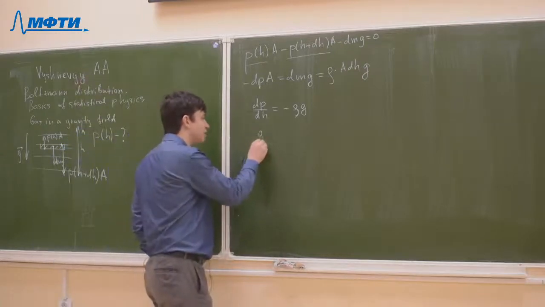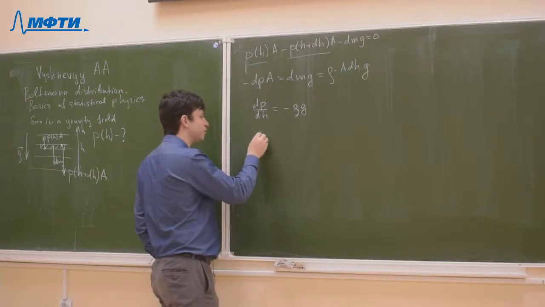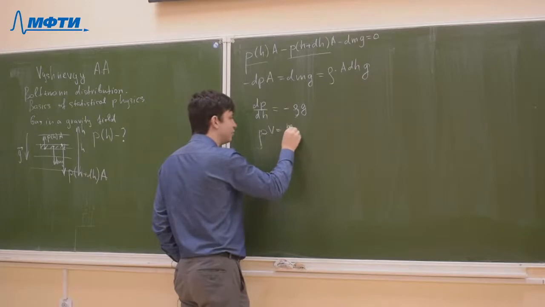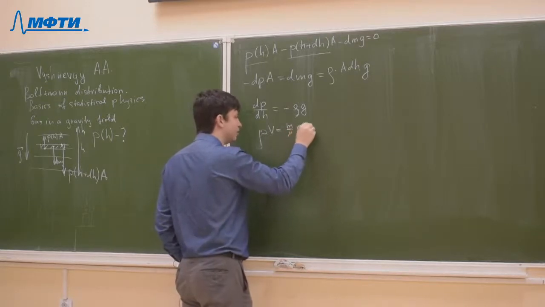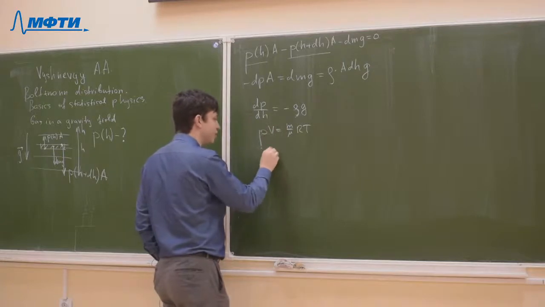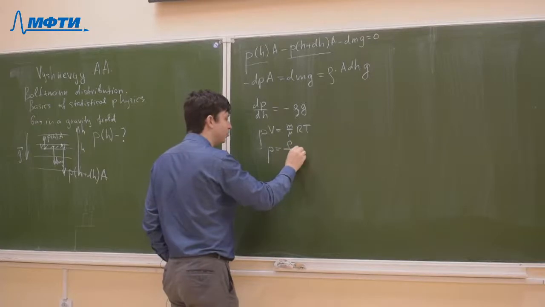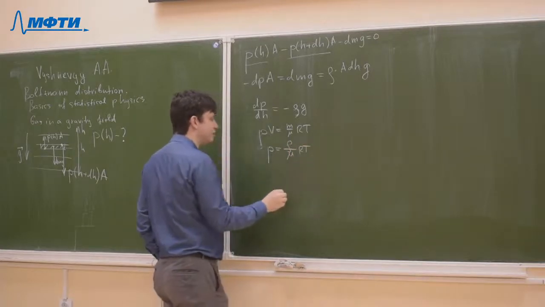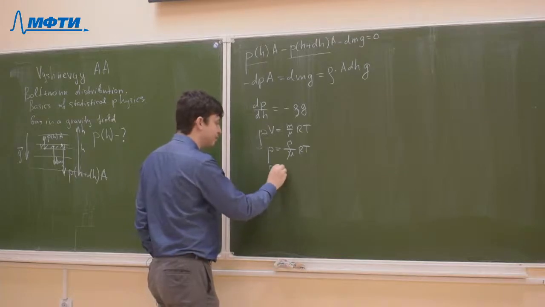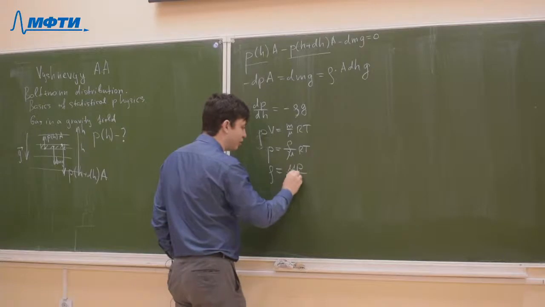So in order to express a density, I first write ideal gas law, PV equals m over mu multiplied by RT. Then after I divide it by volume, I obtain that pressure is density over mu multiplied by RT, from which I immediately find that density rho is mu p over RT.